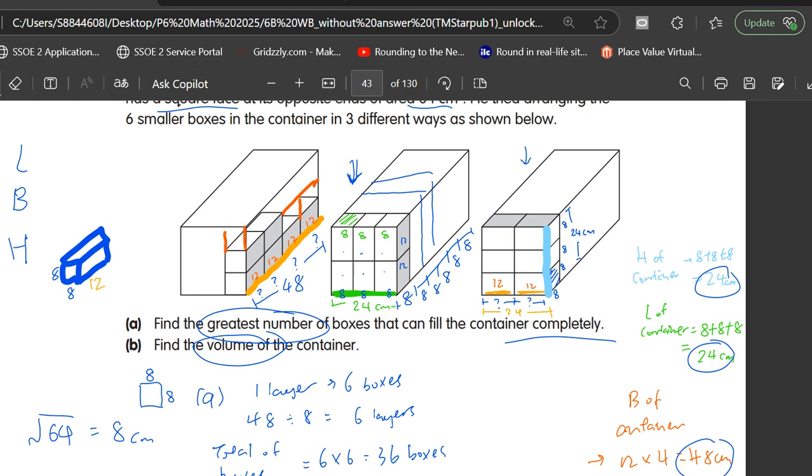And then it forms a third layer up here. So this is 9 times 4, also 36.